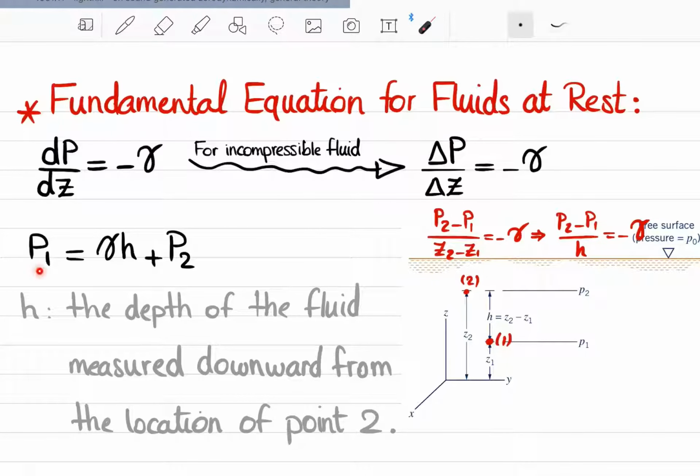Or we can write P1 is equal to gamma H plus P2, where H is the depth of the fluid measured downward from the location of point 2, and H is measured from the free surface here. And this is the sign of a free surface.